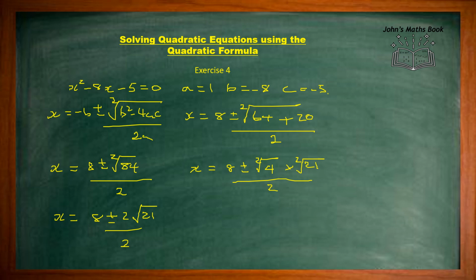If we divide 2 into the numerator and the denominator, 2 into 8 goes 4 times, plus or minus, 2 into 2 goes once, so we lose that 2 in the numerator, the square root of 21, and 2 into the denominator goes once. So we now have our two values of x. x is equal to 4 plus the square root of 21, and x is equal to 4 minus the square root of 21.